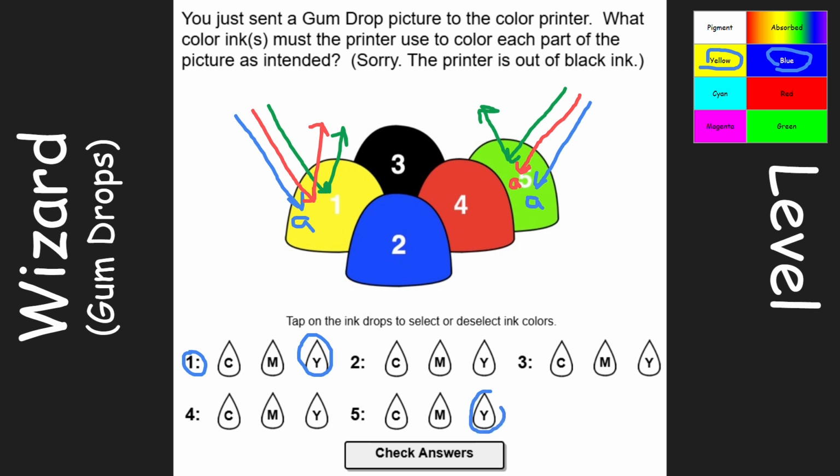So we want to use yellow pigment to absorb the blue. And since we want to absorb the red, we need to use cyan pigment to absorb the red. So we mark cyan down here. And so if we use cyan to remove the red and yellow to remove the blue, that means the only thing left will be the green, and we get this green gumdrop.